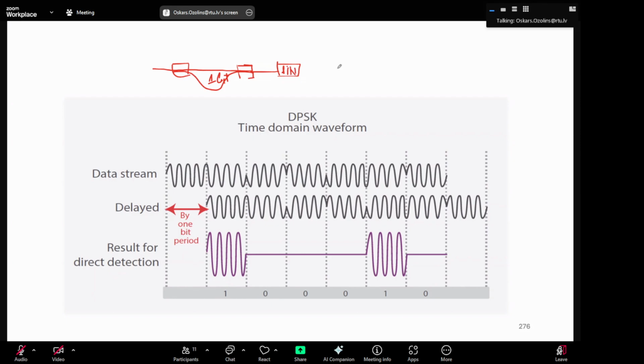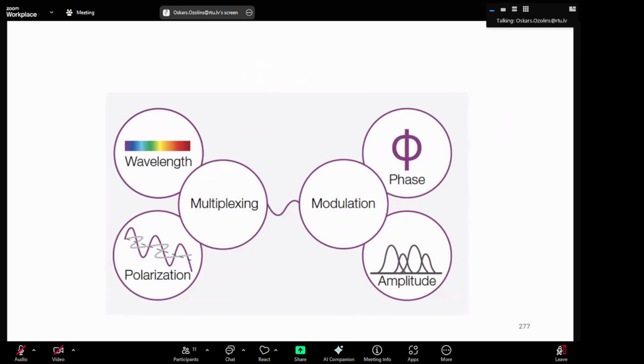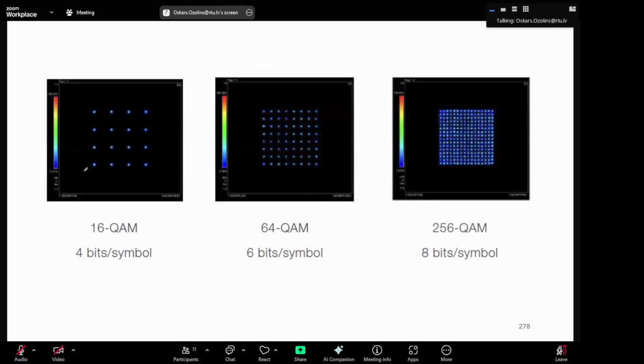Right. So okay. Then the next part is that when we add not only phase but also amplitude to the modulation signals. So there are the typical, commonly used 16 QAM, 64 QAM, 256 QAM. So you get from 4 bits per symbol to 8 bits per symbol. And of course, this is more sensitive to signal to noise ratio.